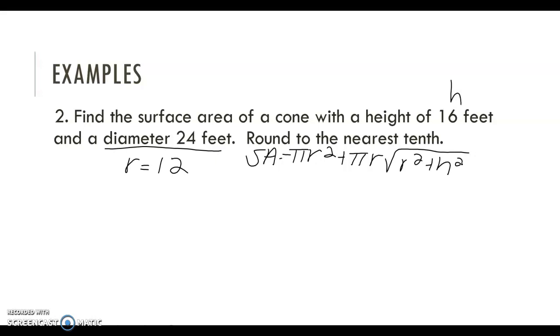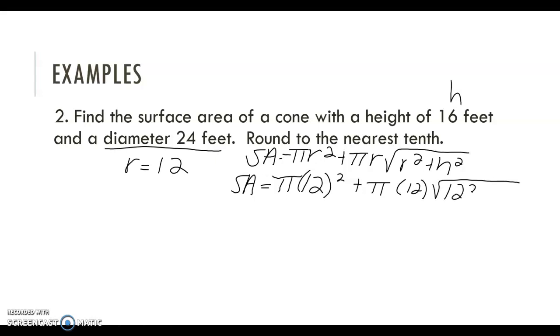I'm probably going to do that part first instead of trying to type it all into our calculator, just because that gets a little tricky with that square root. Let's go ahead and make some substitutions. Pi times 12 squared plus pi 12, and then we have the square root of 12 squared plus 16 squared.